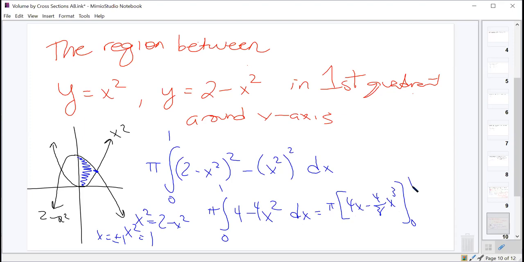Good with the integration? Good with the setup? All we have left is arithmetic. Pi times 4 minus 4/3. 4 is 12/3, so 12/3 minus 4/3 is 8/3. So 8 pi over 3. Good. Good or no? Yeah.